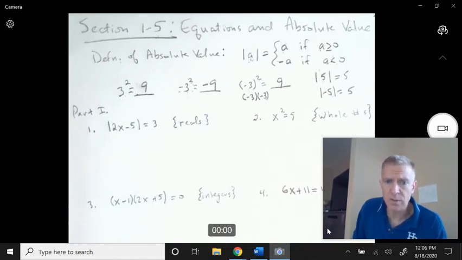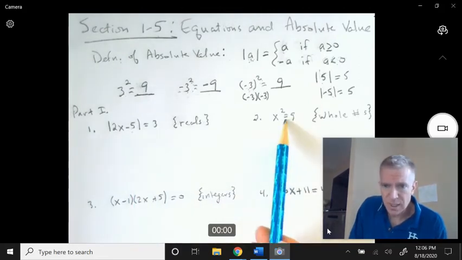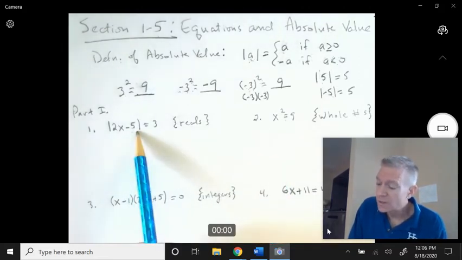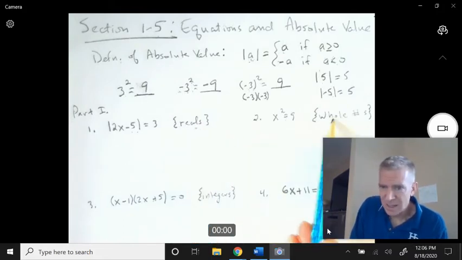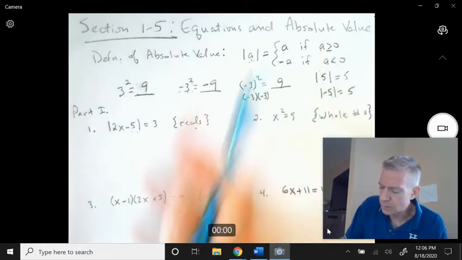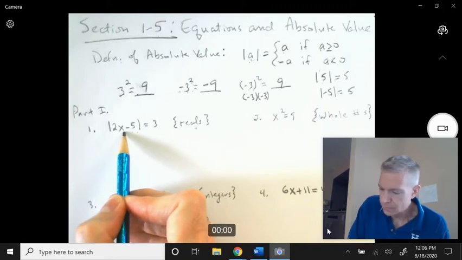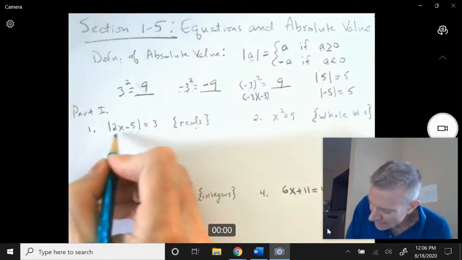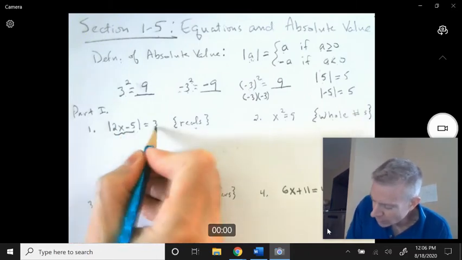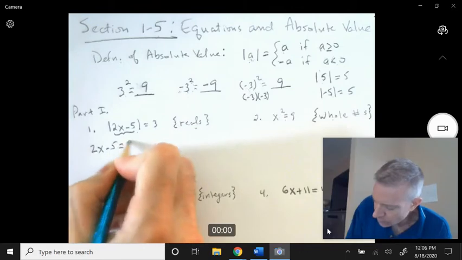In this section, we're going to learn about solving equations, regular equations and absolute value equations, with a given domain. When I give you this set, I'm telling you I want you to solve this equation within a specific domain. And I'll show you what that means. So when we're solving this absolute value equation, |2x - 5| = 3, that means what's inside is already 3. 2x - 5 is equal to 3.